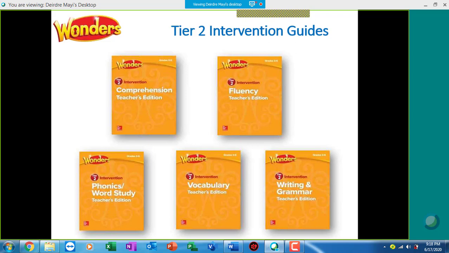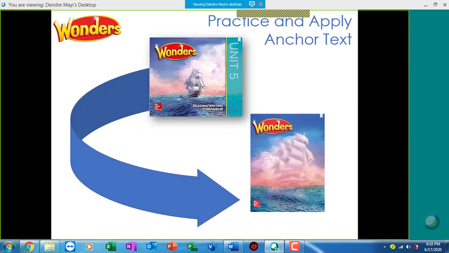They reread a shared read and really started digging into a close reading routine. So you might think that the support that the reading writing companion offers stops there with the shared read. Indeed not.